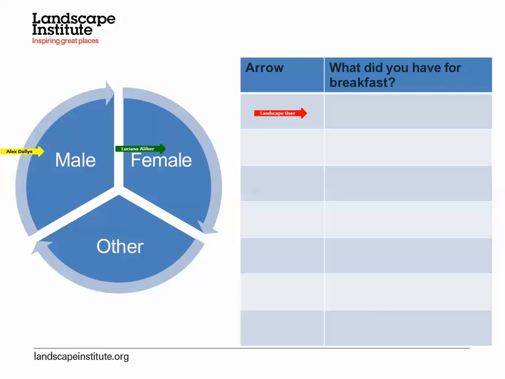Then, using the text option, you can add in your answer. There we go. For example, what did you have for breakfast? I don't know if Luciana or Alex want to give that a go, or if anyone else wants to try that out. There we go, Neil's got it. Everyone should have the ability to annotate and generally scribble all over the screen if they truly wish to.